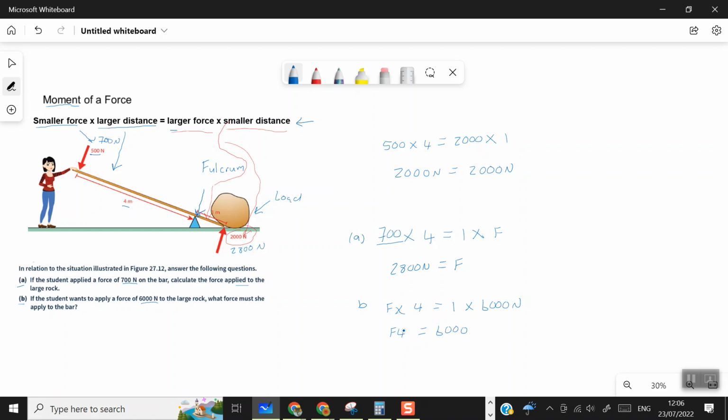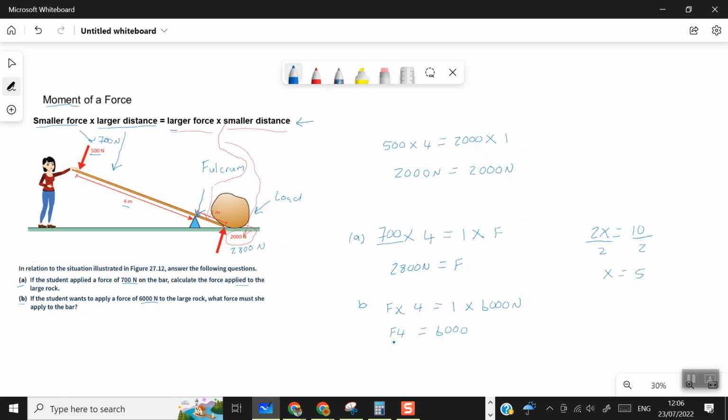This is just using simple basic algebra. For example, if 2x is equal to 10, in order to work out what x is, we have to divide both sides by 2, and x is then equal to 5. The same principle is happening here, except we're using F4, or 4F.